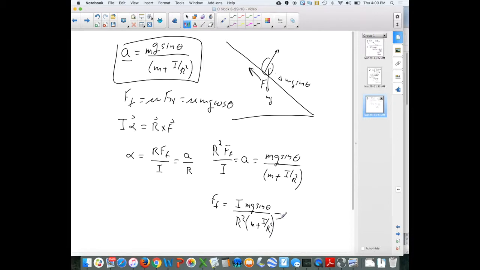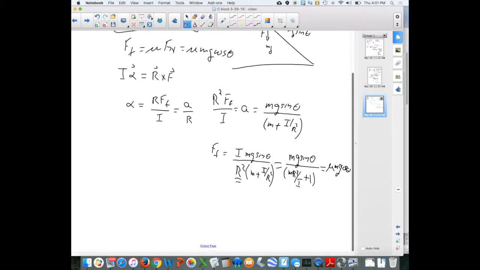With a little bit of effort, I can write this as mg sine theta over m R squared over I plus 1, because I have an R squared here and an I here, and that is equal to the force of friction, which is mu mg cosine theta.